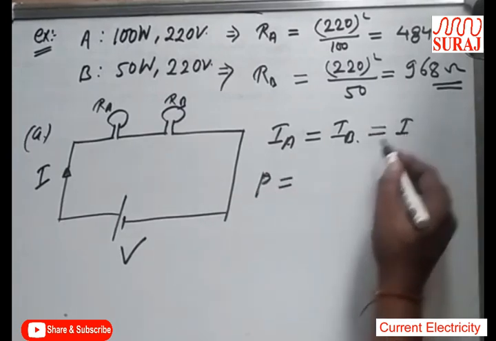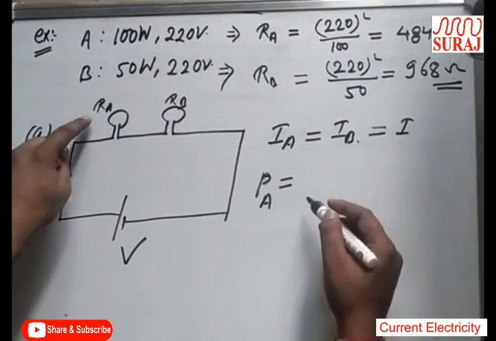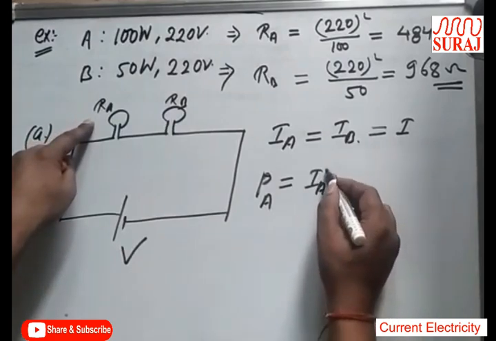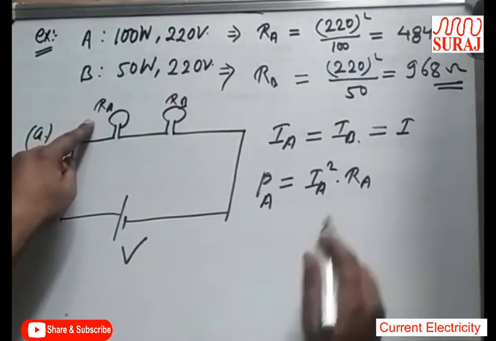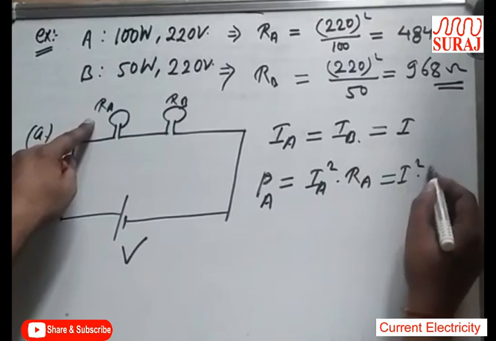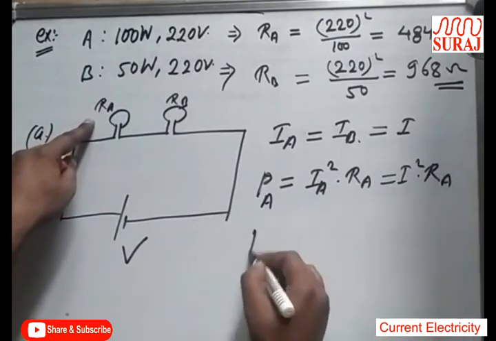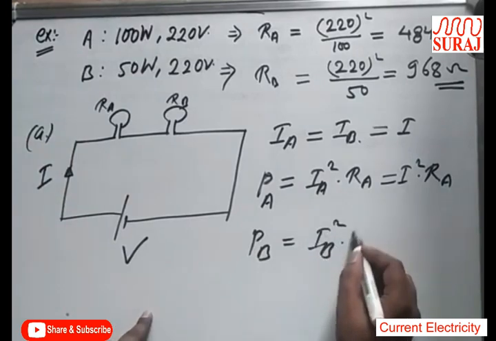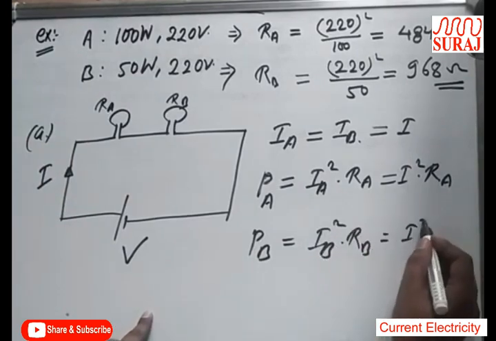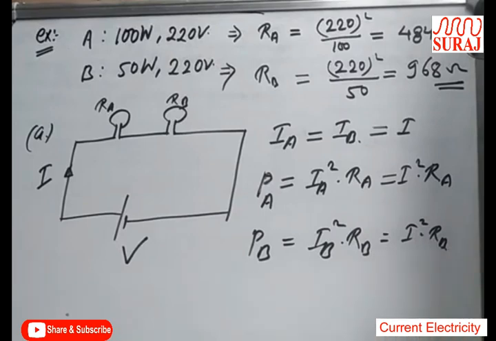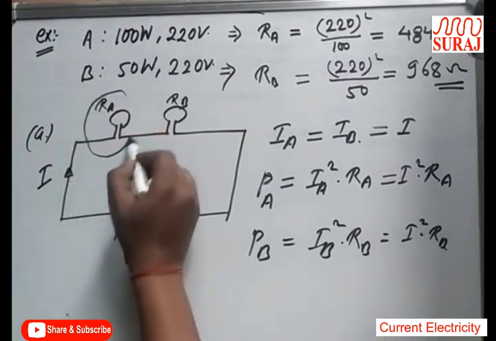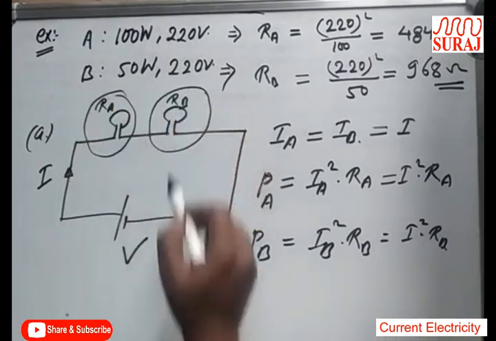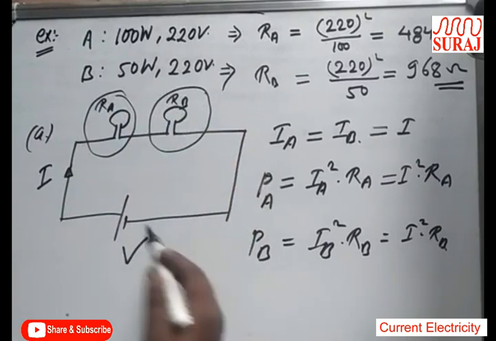Suppose this current is I. Power dissipated in A will be I_A squared times R_A, which is I squared R_A. Power dissipated in B will be I_B squared times R_B, which is I squared R_B. Now the bulb showing more brightness must dissipate more power with respect to the other.